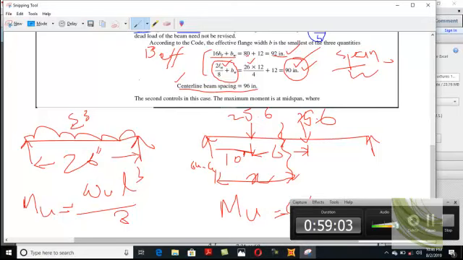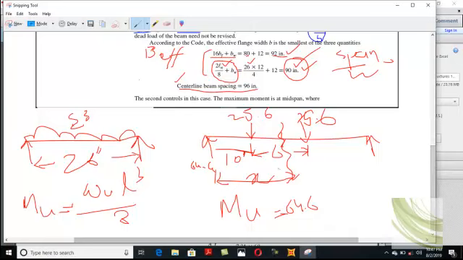So they basically use this one. 64.6 multiplied by this half distance, which is 10 plus 3, that is 13, and plus 25.6 multiplied by 3, it gives you that. So add these two loadings and you get the maximum.